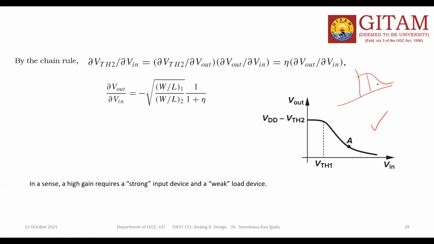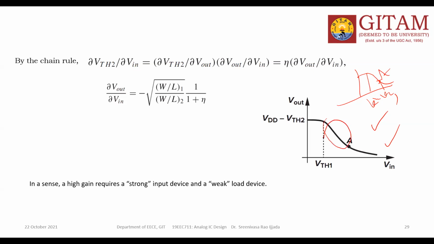This is VTH, this is the V in 1, you got it like this. There is a point A here. Now, for this diode connected load, you got this type of input to output characteristics. So, what will you understand from this one? First of all, see this portion.